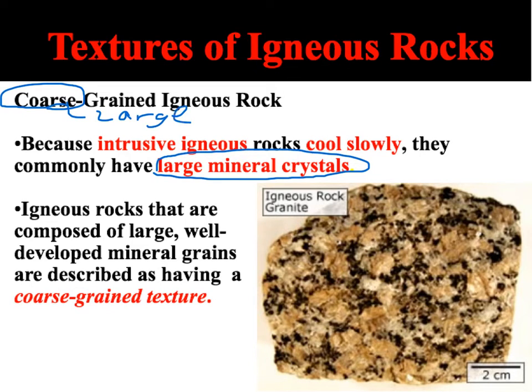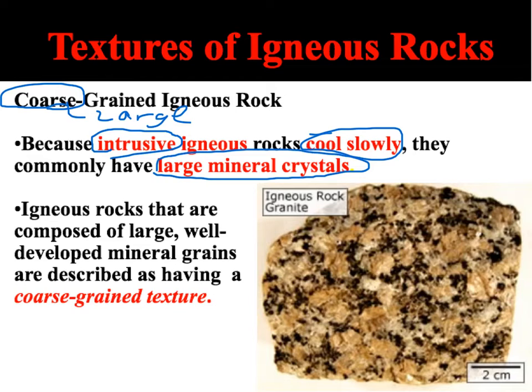Coarse is a synonym of large. So we've got large-grained igneous rocks, coarse-grained igneous rocks, and they are intrusive, which means they cooled slowly inside the Earth. Why did they cool slowly? Because inside the Earth, it is surrounded by a bunch of other rocks which are insulating it. So it's warmer inside the Earth. You don't have air or water that sucks up a lot of heat really quickly.